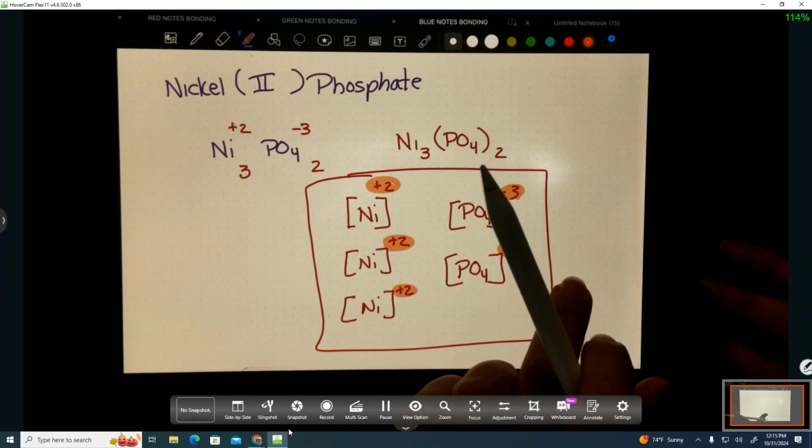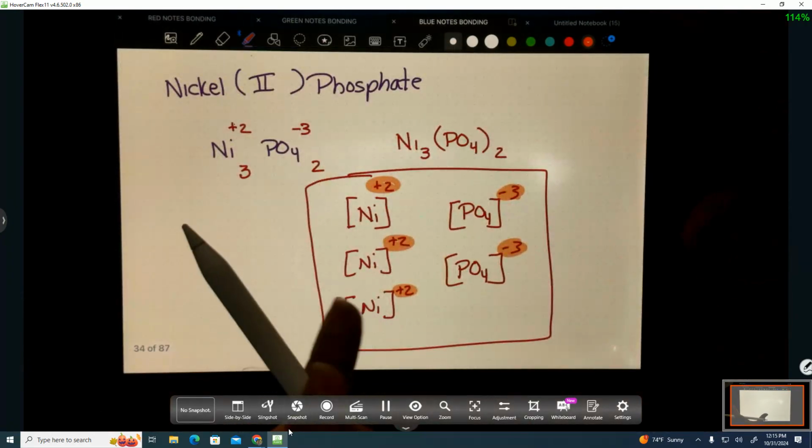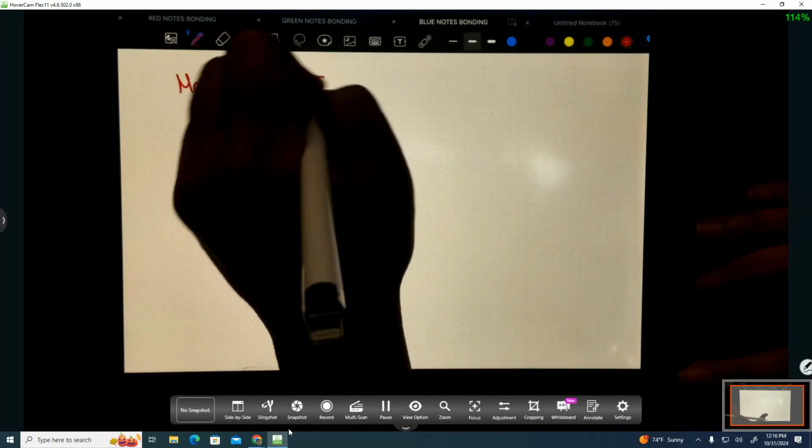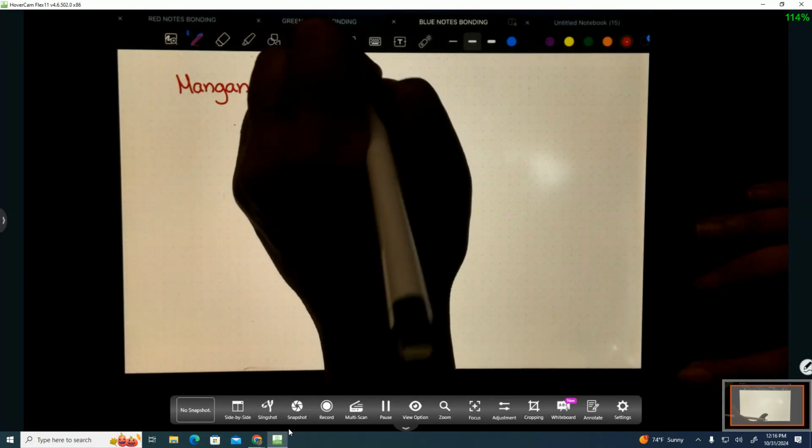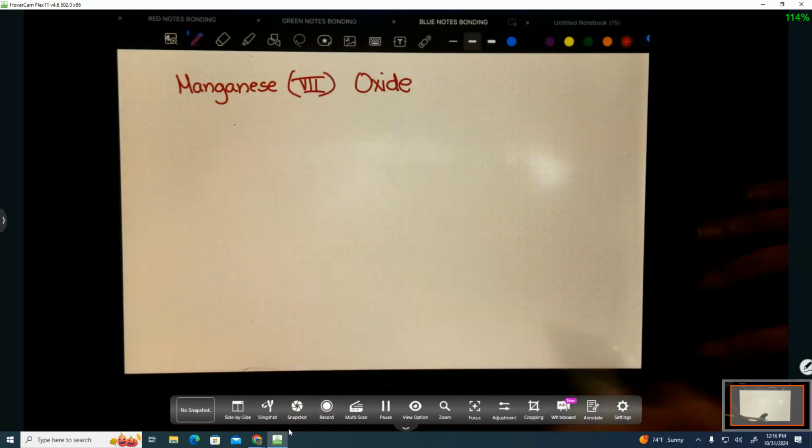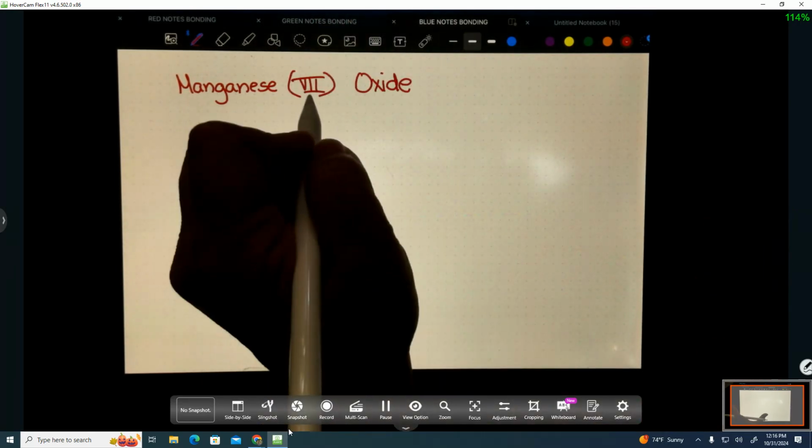Okay, let's try another one. I got one. I got a good one. Manganese 7 oxide. That's a 7. 5, 6, 7.